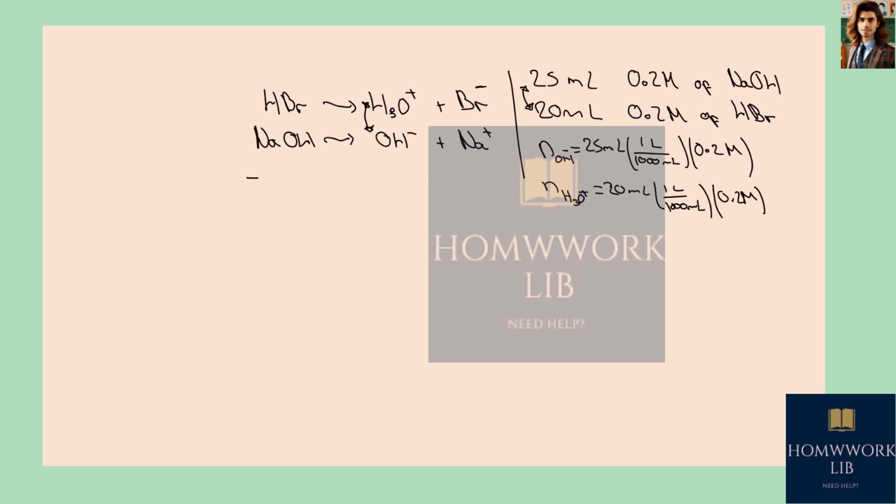So the results for each of them, I'm going to label them directly in our ICE table for you to realize that we're going to have an excess of OH minus. I'm going to write down the ICE table in terms of moles instead of molarity, the amount of change, and the amount at equilibrium.